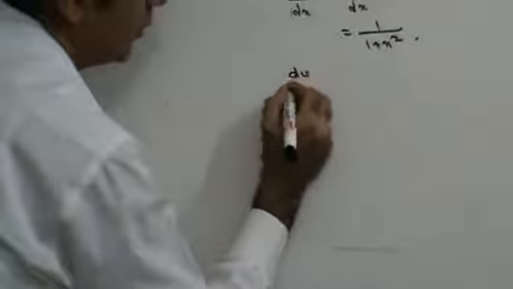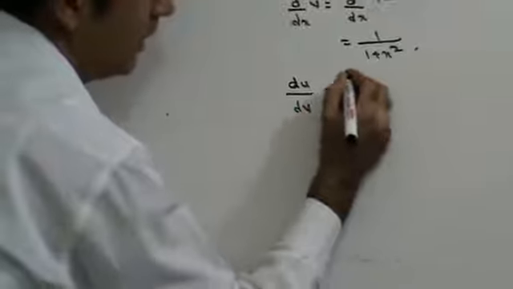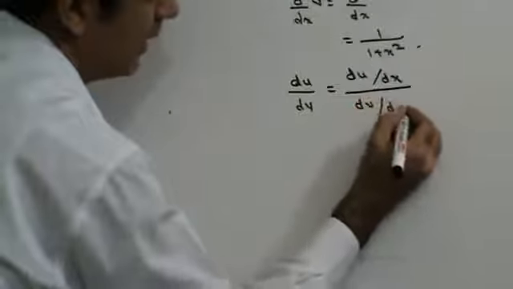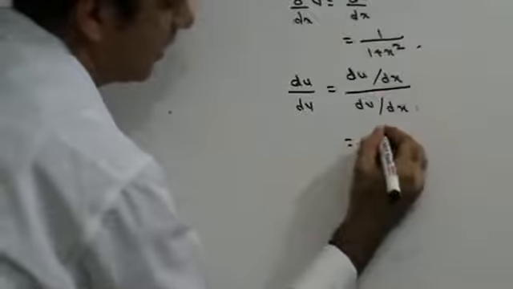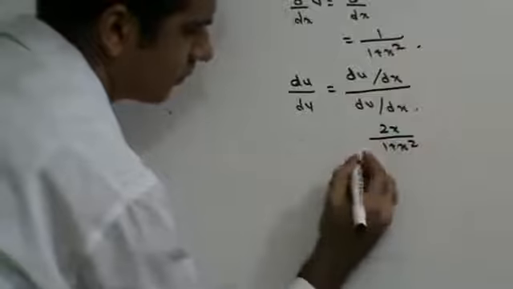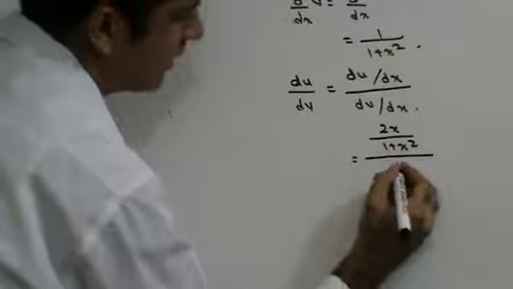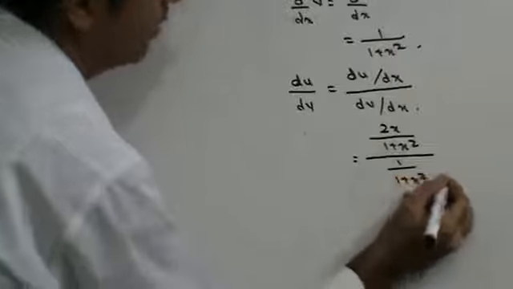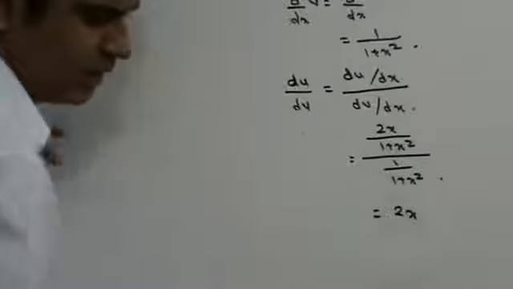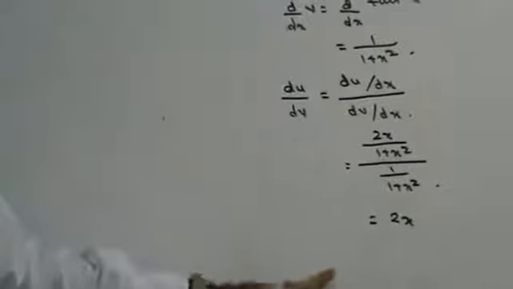That means you have to differentiate u with respect to v, which can be written as du by dx upon dv by dx. du by dx is nothing but 2x upon 1 plus x square. dv by dx is 1 upon 1 plus x square, right? So this is going to be equal to 2x, because 1 plus x square and 1 plus x square will get cancelled. Your final answer is going to be 2x. Let's move on to the next one, guys.